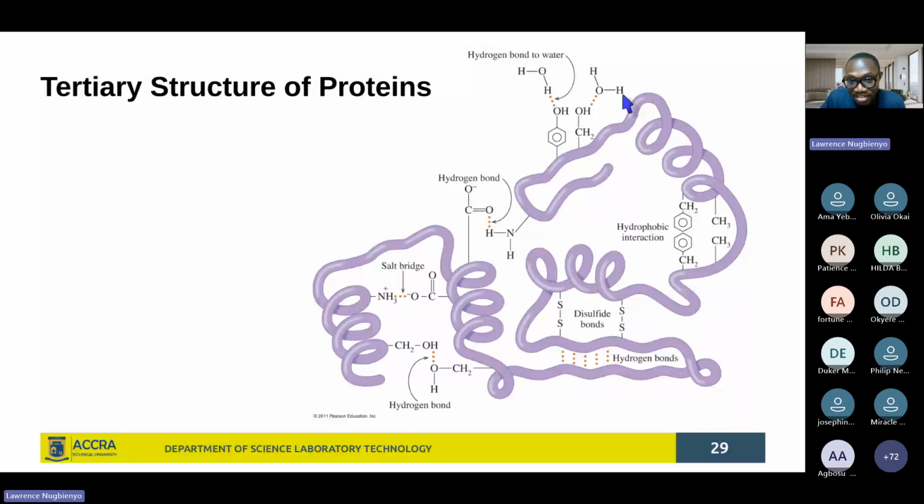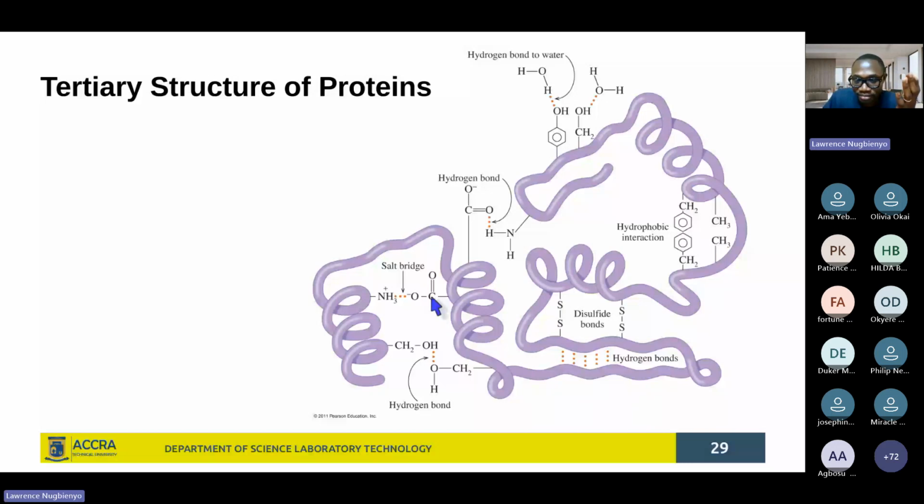So here you have different bonds that are present in the tertiary structure of proteins being illustrated. And what are those bonds? Salt bridge, hydrogen bond, disulfide bond, and hydrophobic interactions.